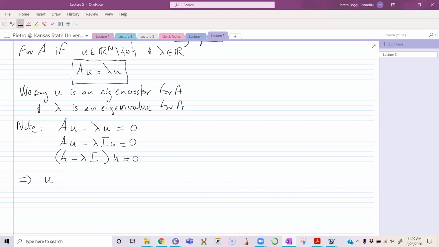We already know this. And also has to be in the kernel of this matrix A minus lambda I. There are different ways to say it: the kernel or the null space, those are equivalent words for the subspace of all the vectors that make a matrix vanish when you multiply. And the set of all these things is called the eigenspace.